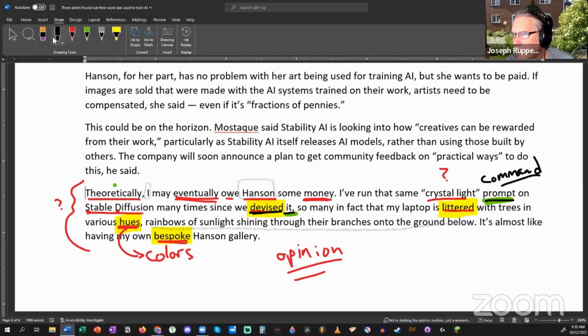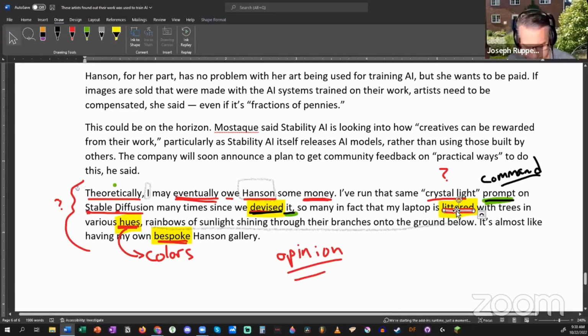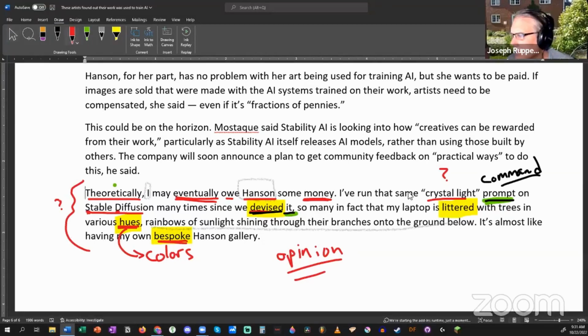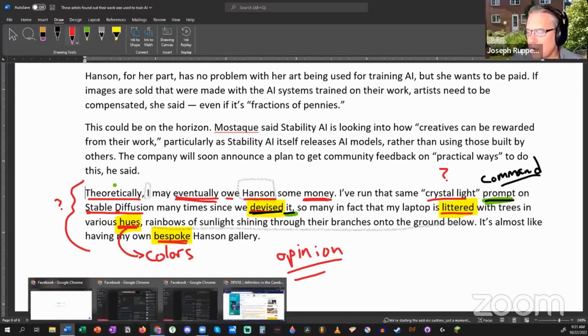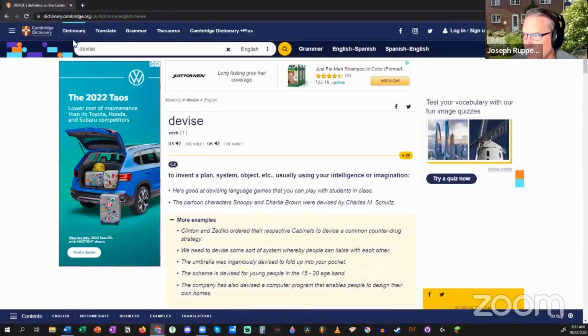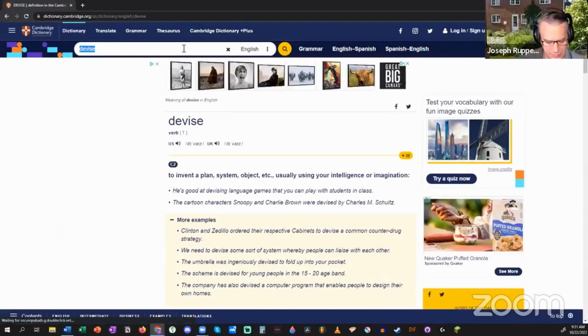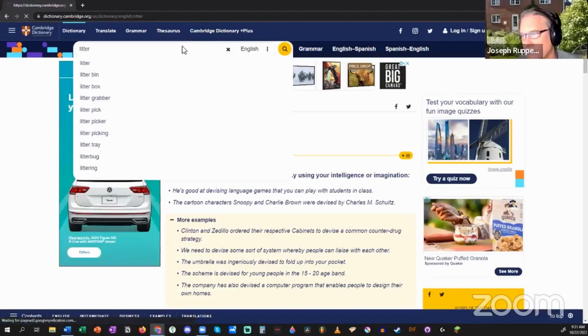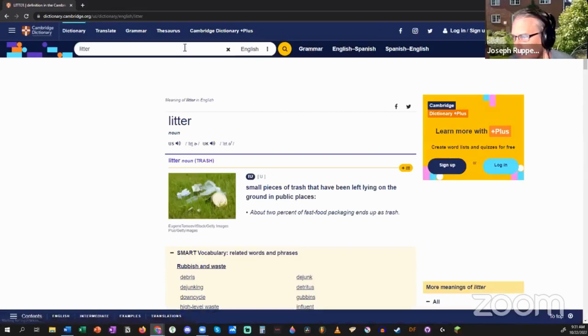Okay, next I want to look at littered. So many, in fact, that my laptop is littered with trees. Let's take a look. We'll put in litter and see what we get, because I think there is more than one definition. Aha.